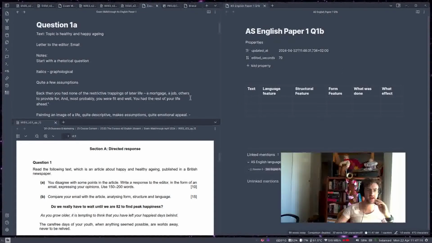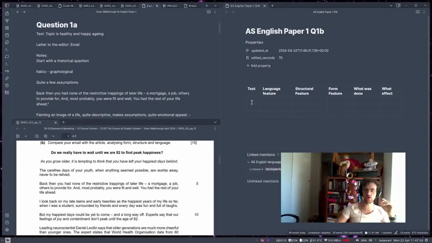So what I'm going to do is take a text and explore a couple of things in the text. So I'm going to basically try to analyze this out in a table. And I've made some worksheets for you guys in the past where I have analyzed things in a table. It's not my favorite way of working. I don't think in tables. But I mean, some of you might.